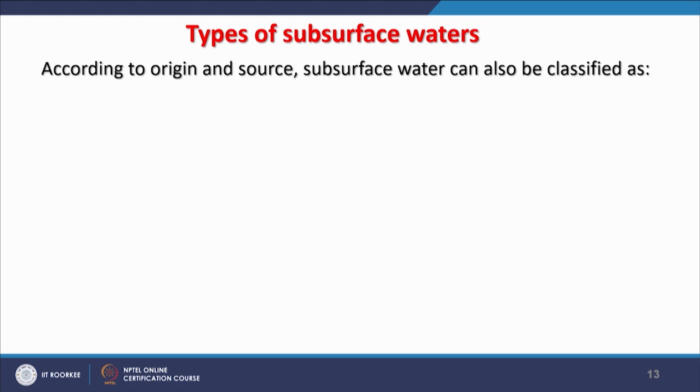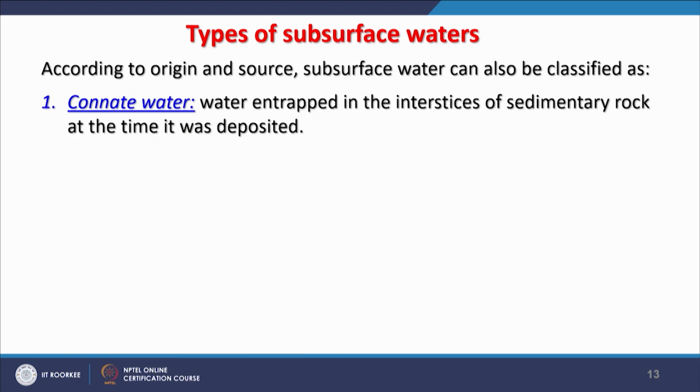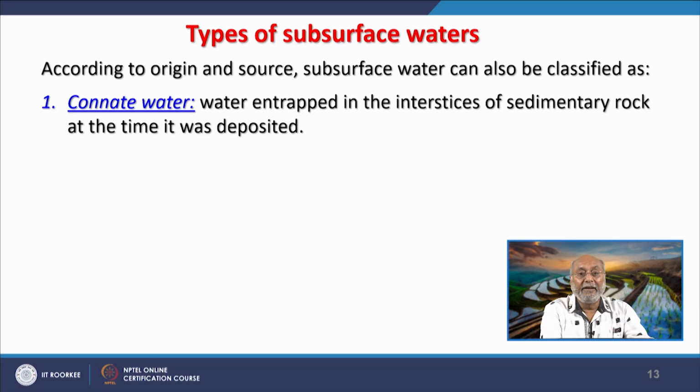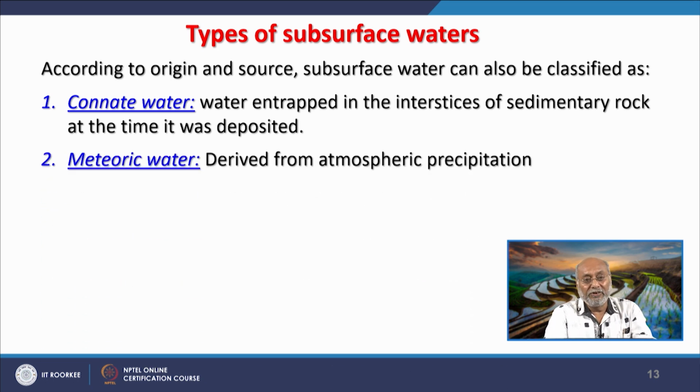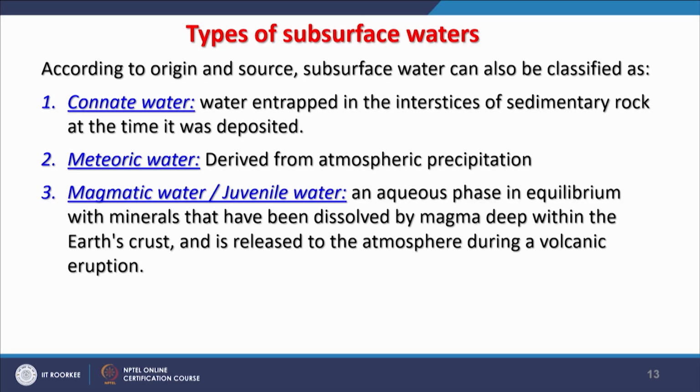Now, as we have discussed, subsurface water can also be classified according to origin and source. Some people would like to classify water based on origin and source. So, there is connate water, that is, water entrapped in the interstices of sedimentary rock at the time it was deposited. At the time of sedimentary formation, the water which is trapped is called connate water, whereas meteoric water is derived from atmospheric precipitation, and then there are other waters also, the magmatic water and juvenile water.